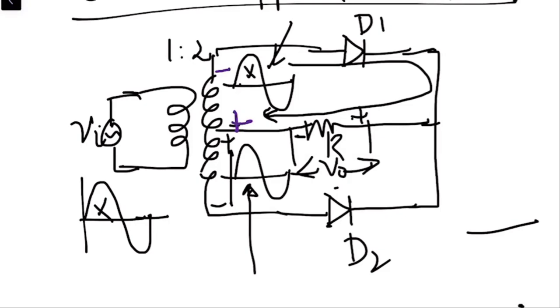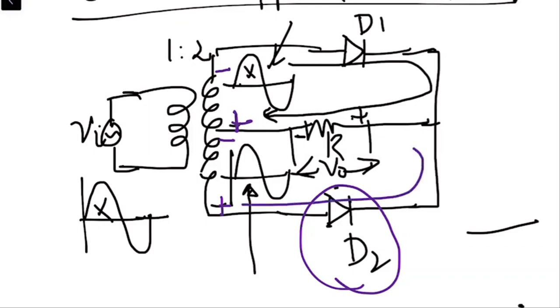So the diode D2 will be forward bias and diode D1 will be reverse bias. Due to this, the current will flow from D2 like this and in the same direction through resistor R as when the diode D1 was forward bias.